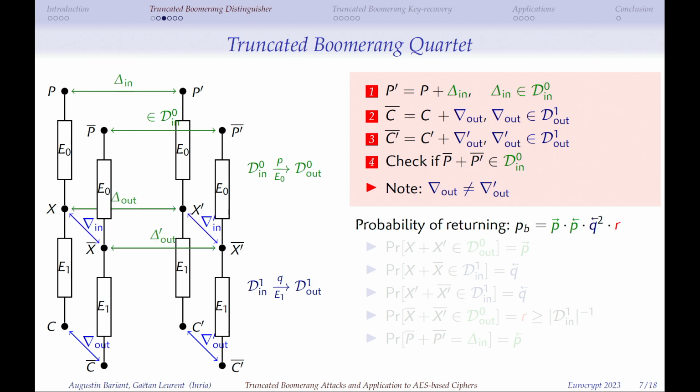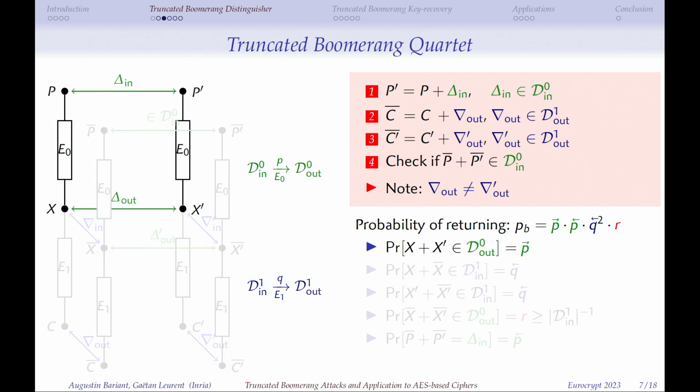Now when we analyze this construction, we can compute the probability that the boomerang returns, and we get a formula like this. The probability will be P forward times P backwards times Q backwards squared times R. It's similar to the basic case with normal differentials, but slightly different because you have this R that comes as an additional factor, and also you have to look at which direction you use for each trail.